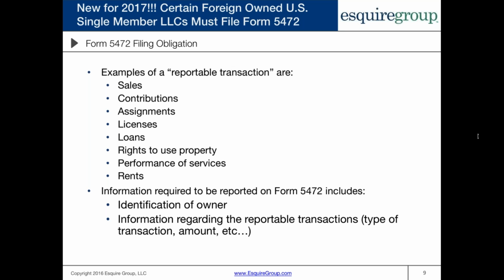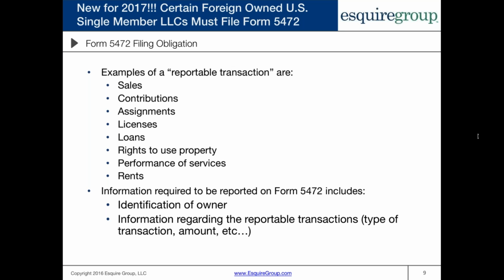Because the foreign owner is using this property owned by the LLC as a vacation home, they have the right to use that property owned by the LLC. That right to use the property would be considered a reportable transaction and would trigger a 5472 filing requirement.